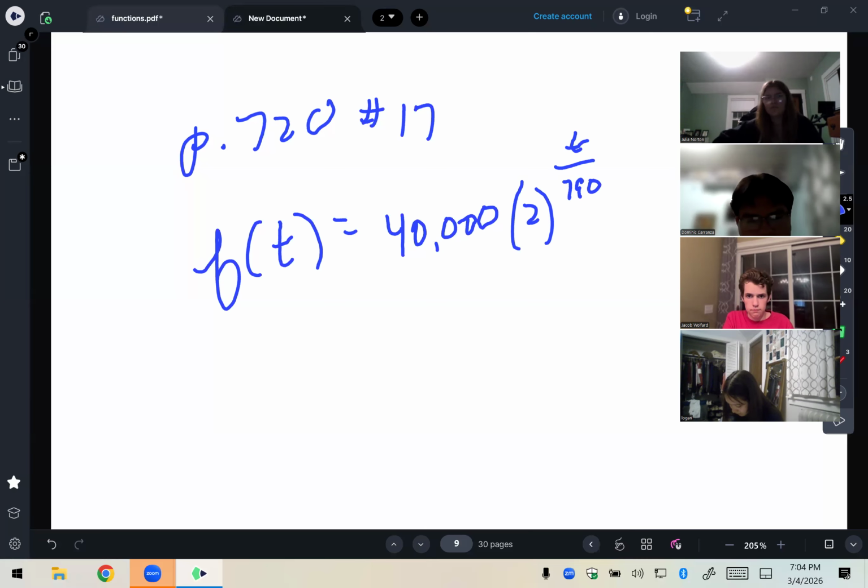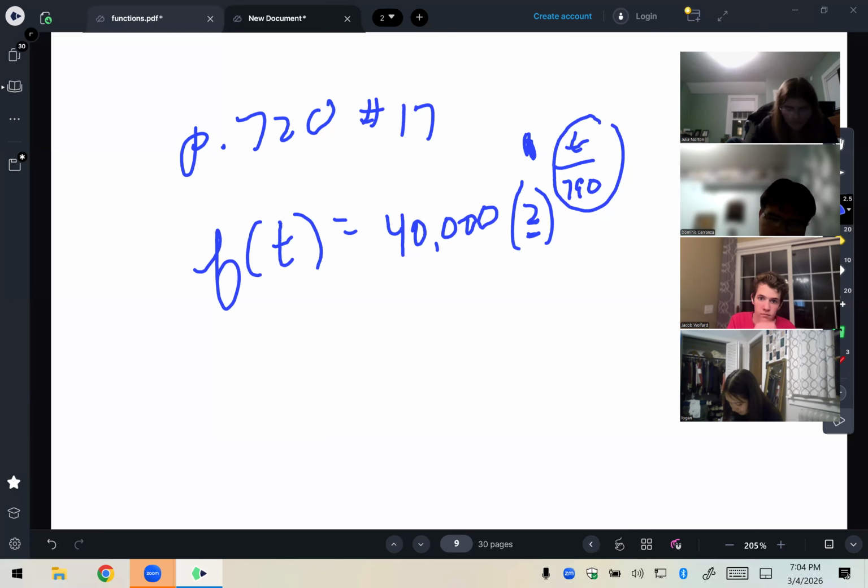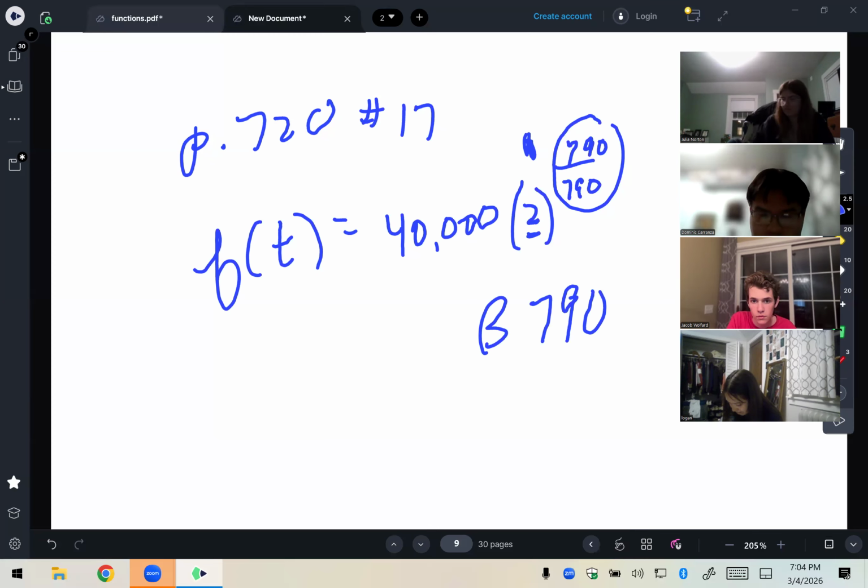Well, I want this value to be a 1. Does that make sense? Because then it will double. This is the rate. That's the 200%, that's the doubling right there. So I need that answer to be B, 790, because then that'll change this to a 1, and so I will get double.